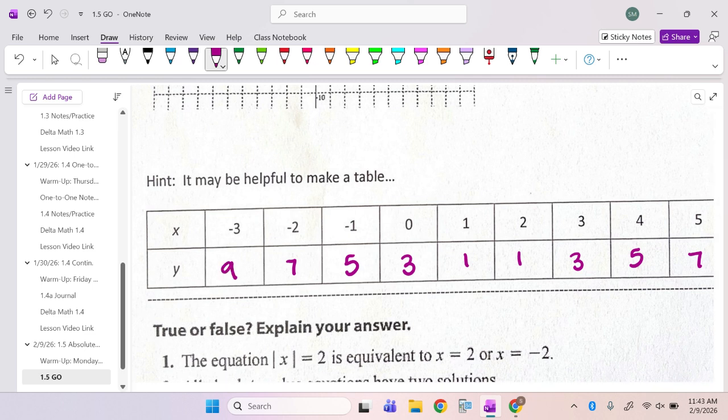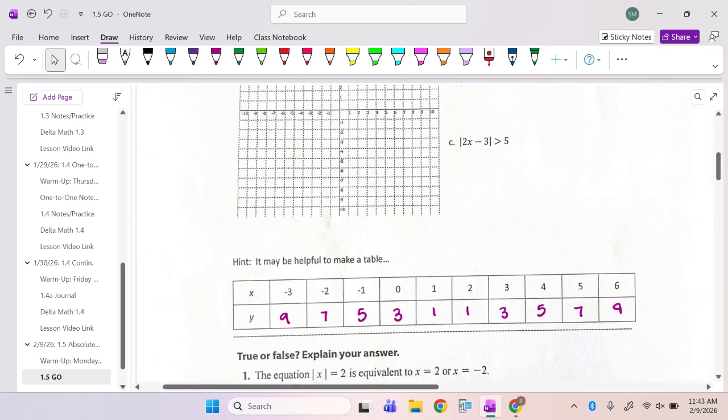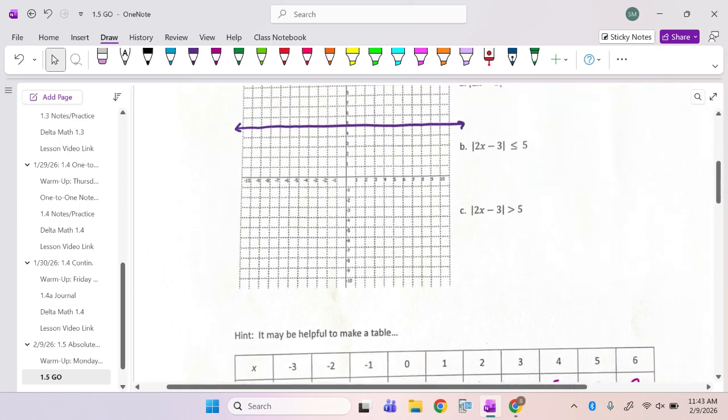When you finish filling in your table, go ahead and graph that same graph up at the top graph. So use those points on that table, graph it on the graph.